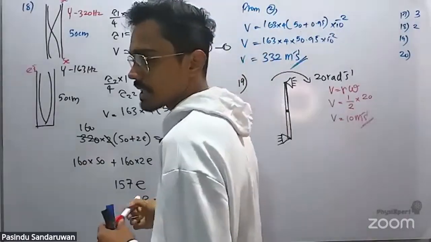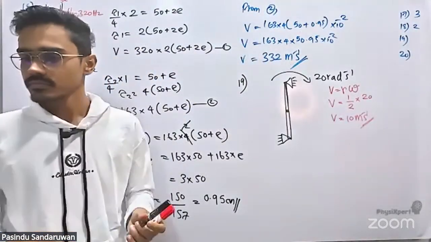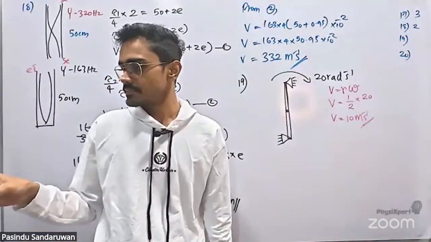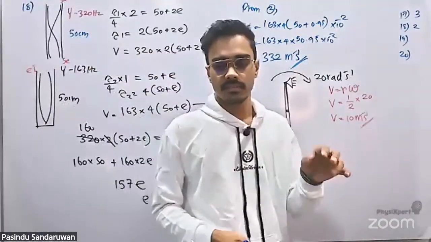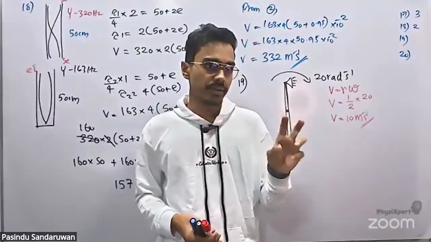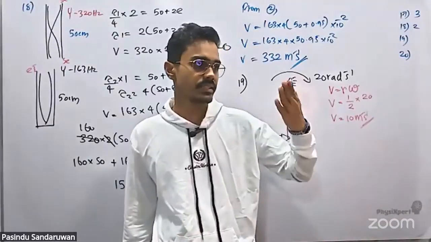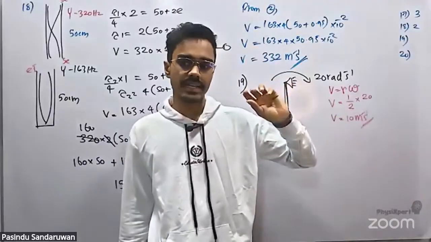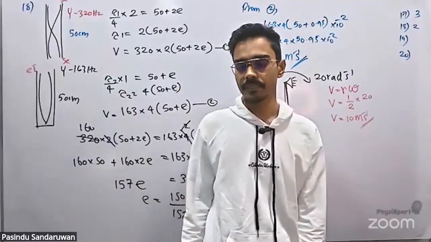Now you can find minimum and maximum values of the apparent frequency heard by the person. If the velocity is exactly towards that person, he will hear the maximum frequency. If the velocity is exactly away from the person, he will hear the minimum frequency.